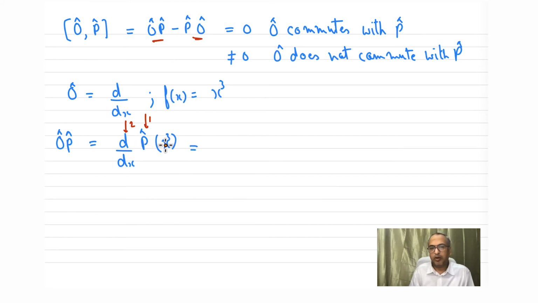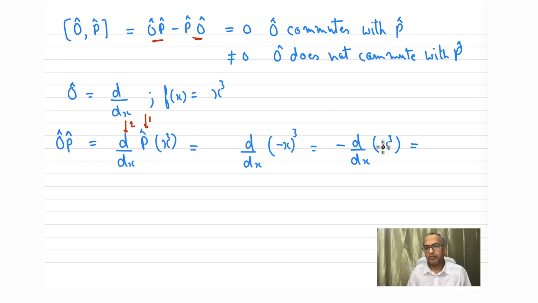Parity, we all know by definition, replaces x with minus x in x cube, which gives minus x cube. So d by dx of minus x whole cube: the minus can come out, d by dx of x cube, and the first derivative of x cube is 3x square. We have the negative sign out, so minus 3x square. Now let us calculate PO.